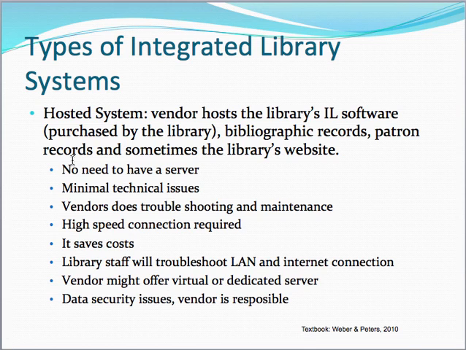It will be at the vendor's or the provider's site. So you need a very powerful and reliable internet connection, because every time the connection is down, you won't have access to your own information. So that's a negative right there.